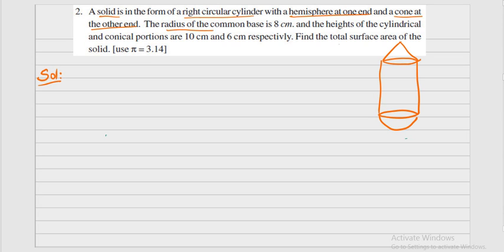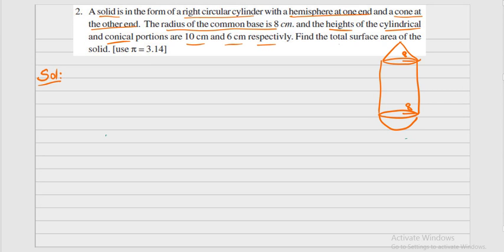He has given the radius of the common base as 8 centimeters. So this is 8 and this is also 8. That means the hemisphere radius, cylinder radius and the cone radius are all 8 centimeters. Next he has mentioned the heights of the cylindrical and conical parts are 10 centimeters and 6 centimeters respectively.